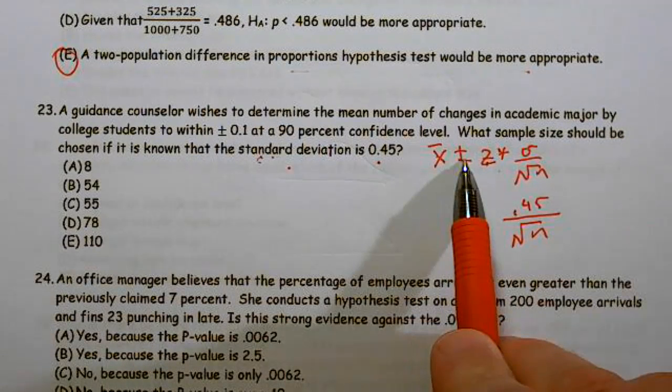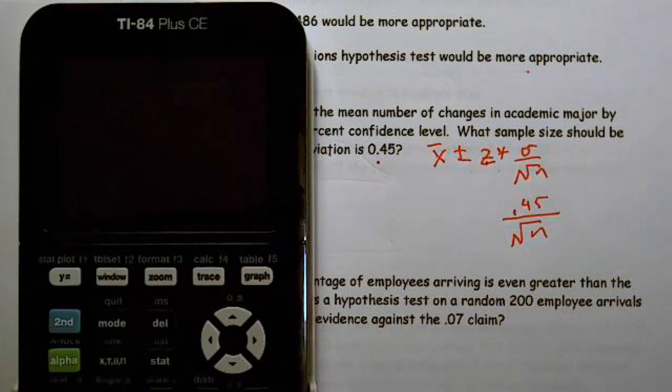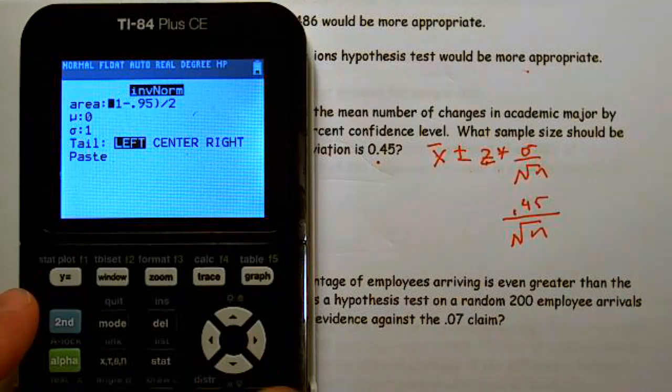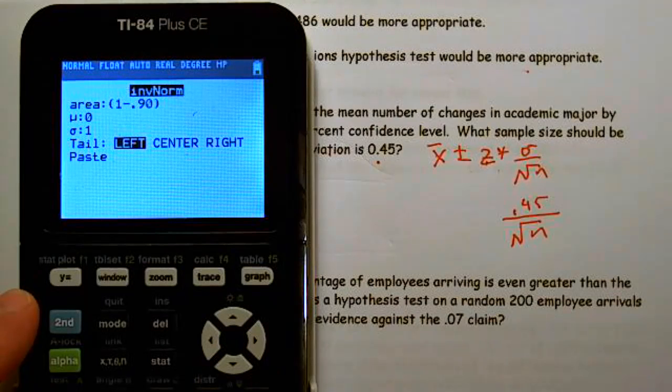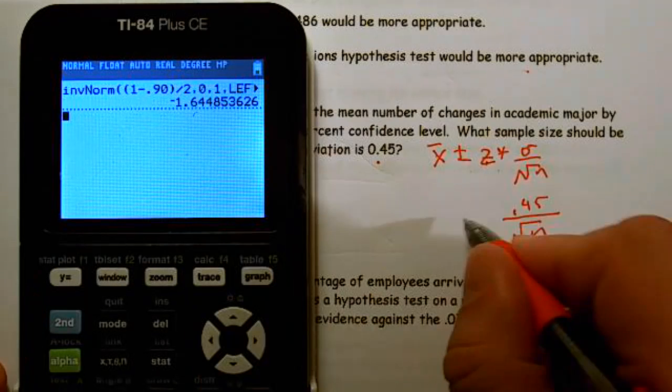We know the 90%, so 90% needs to be second vars inverse norm, parenthesis 1 minus 0.90, close parenthesis, divided by 2, mean is 0, standard deviation of 1. So this ends up being 1.645.